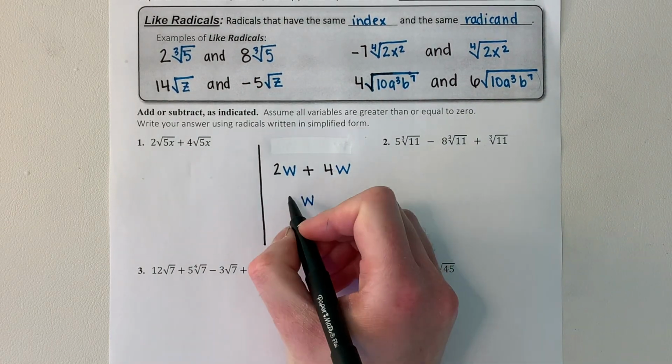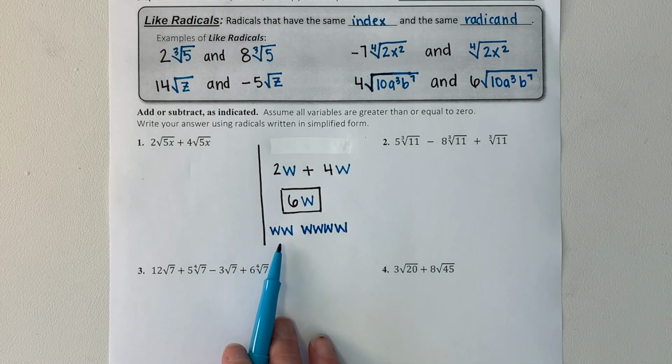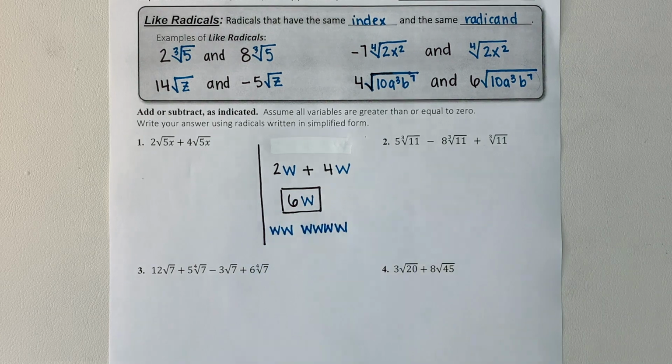So 2 plus 4 will give us 6. If we were to draw this out, what are we actually doing here? Well, we're taking 2 w's and then we're adding 4 more w's. If we take 2 w's and add 4 more w's, we now have a total of 6 w's, which is exactly what we wrote here.